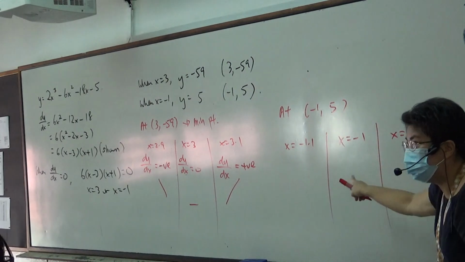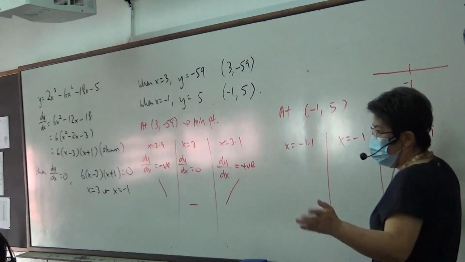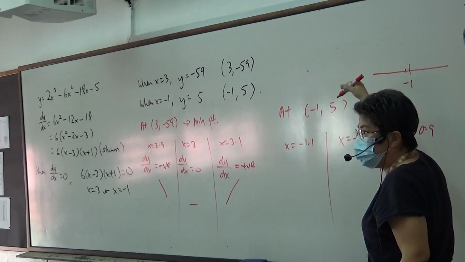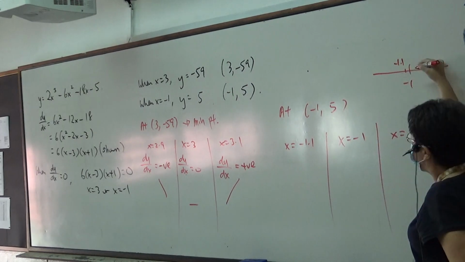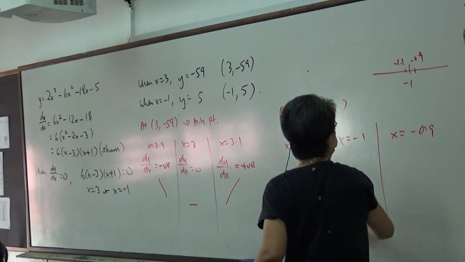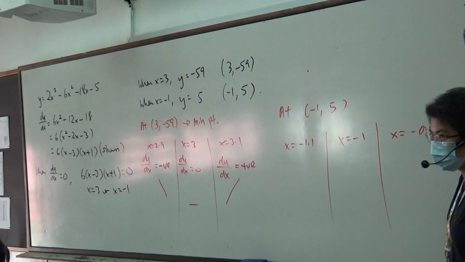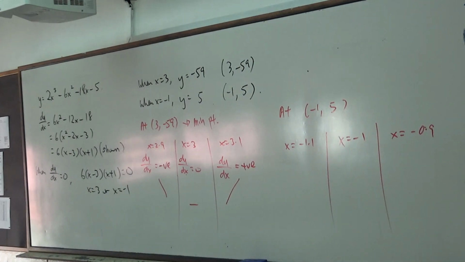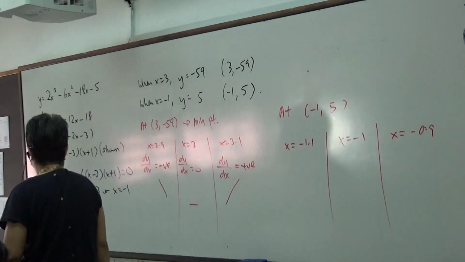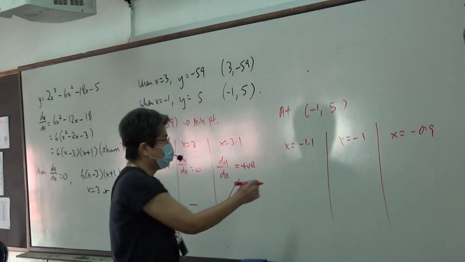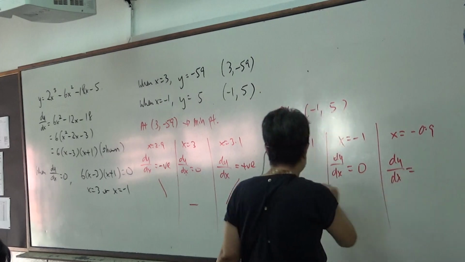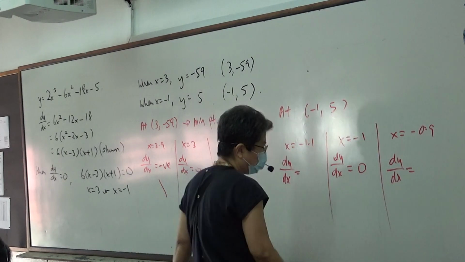How about the next point? You must know what is slightly more and slightly less. Slightly less is negative 1.1, right? Slightly more is negative 0.9, right? Okay, do this. What is the answer?